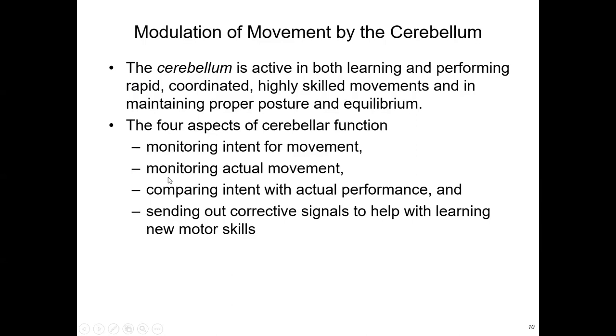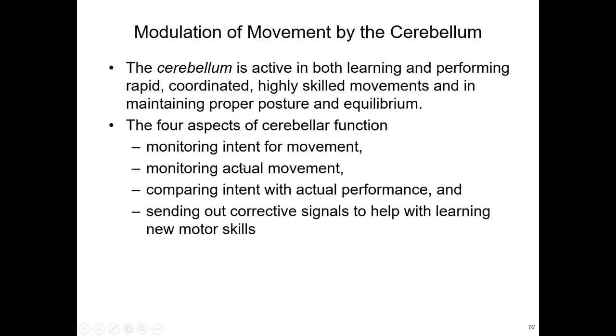The cerebellum, if you remember way back in chapter 16, the beginning of chapter 16, receives nerve impulses from proprioceptors. So those muscle spindles, tendon organs send many of their nerve impulses to the cerebellum. So the cerebellum actually knows what the body is doing in three-dimensional space.